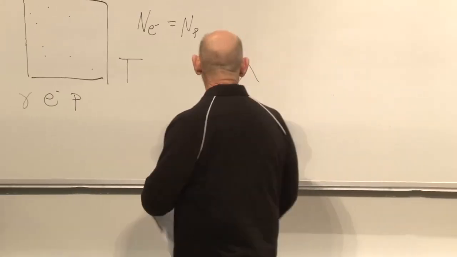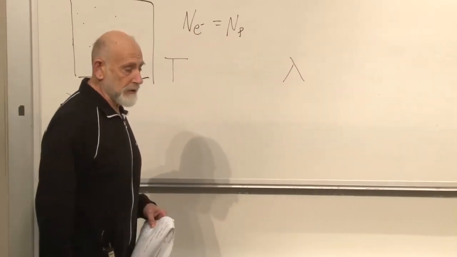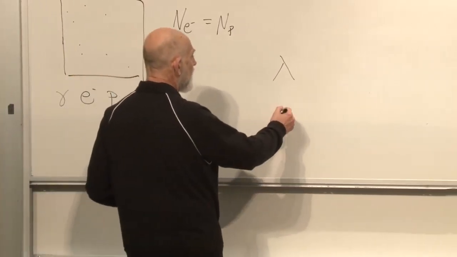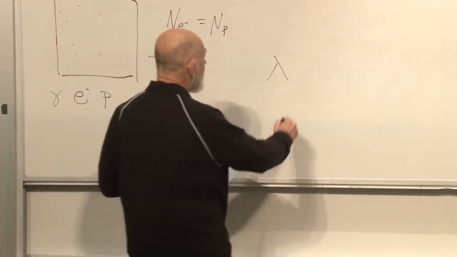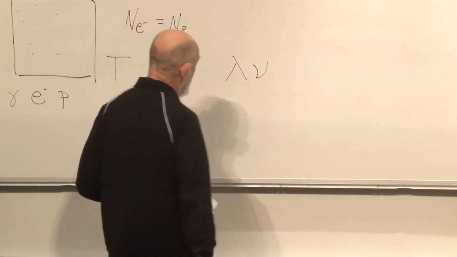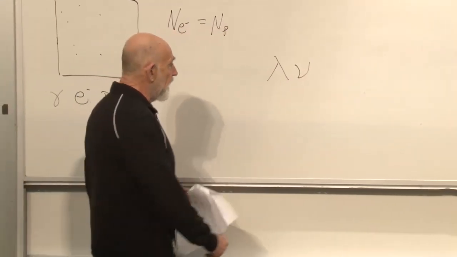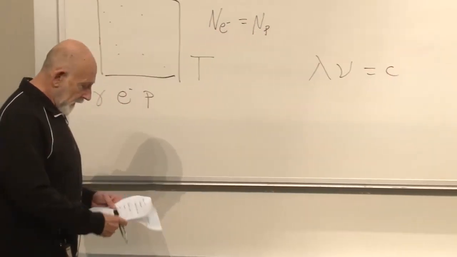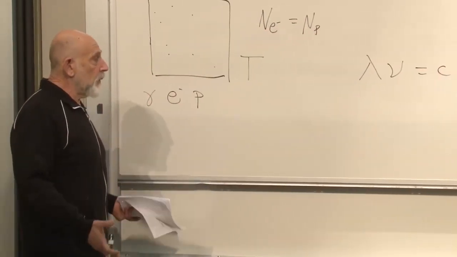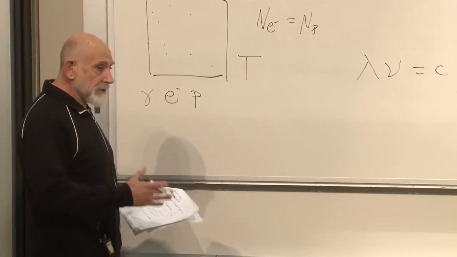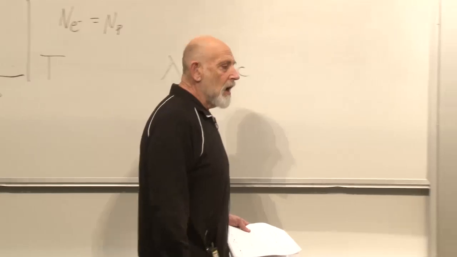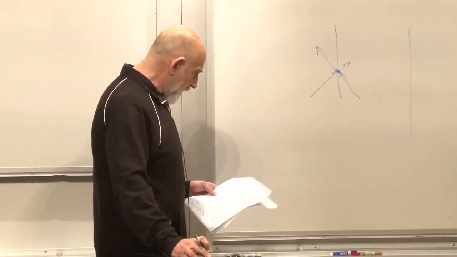We could also characterize radiation not just by wavelength, but equivalently by frequency. And the relationship between frequency and wavelength is that the product of the frequency and the wavelength is equal to the speed of light. Okay, so either wavelength or frequency, and as I said, there are many, many different frequencies. There's a whole spectrum of frequencies inside the box.